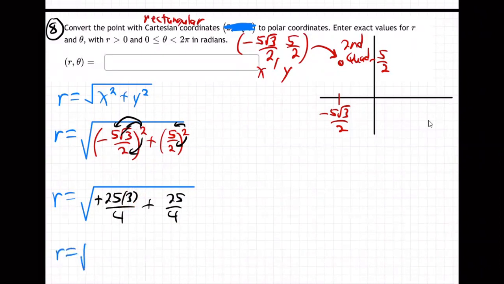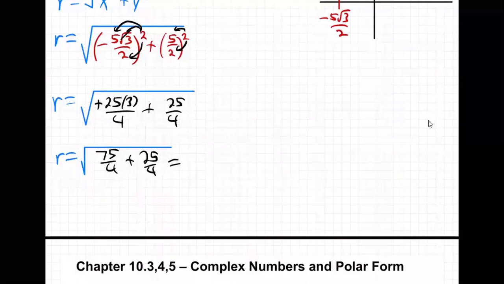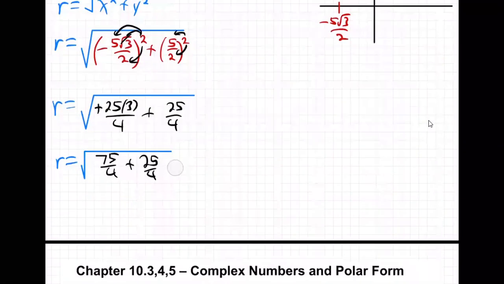And so what do we get? So we get the square root of 75 over 4 plus 25 over 4, which we almost got here. Bring it down here. That's going to be the square root of 100 over 4, right?